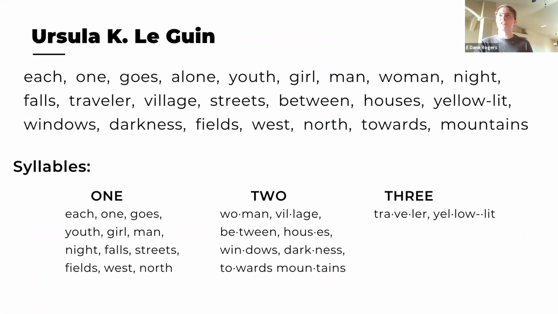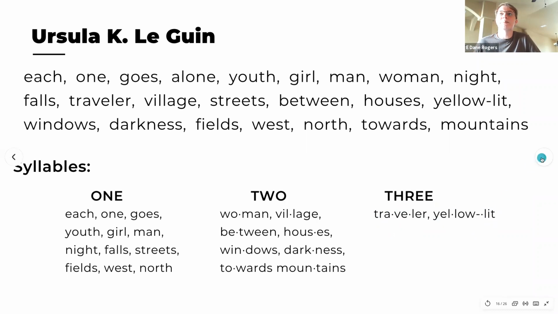These are very simple statements, so she's going to use simple words. They break after one or two syllables. She only uses two three-syllable words, "traveler" and "yellow-lit". Well, "yellow-lit" can even be a two-syllable word because she had to put those together. So really, she only used one pure three-syllable word.